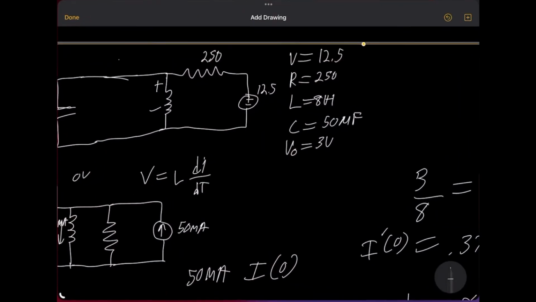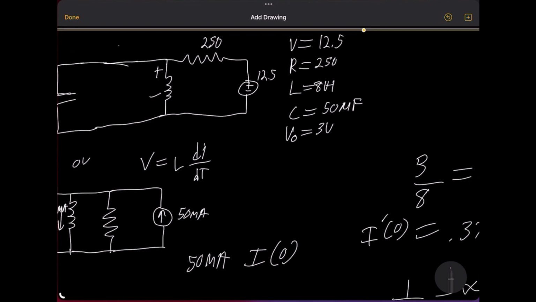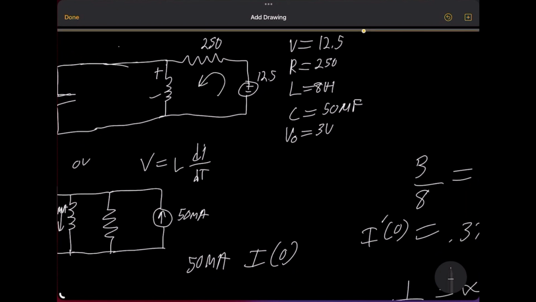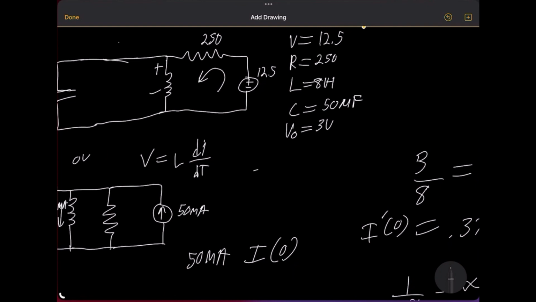Yeah. So when you find the voltage through the resistor, you need to do a KVL here for sure, right? You're going to end up with negative 12.5, and then that function for V sub t plus the voltage through the inductor, plus R, right?